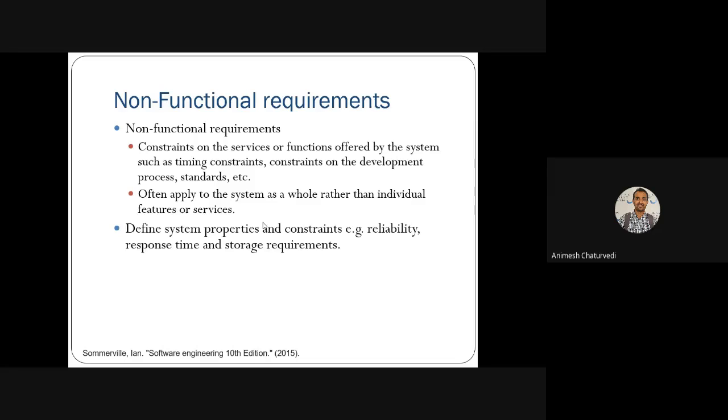So all these constraints, how to be done, how not to be done, which could be existing or could not be existing, should be mentioned in the non-functional requirement. These non-functional requirements are more complex as compared to the functional requirements. They concern the whole system rather than the individual features, behavior, or services.